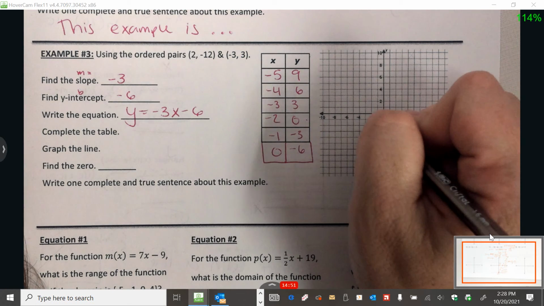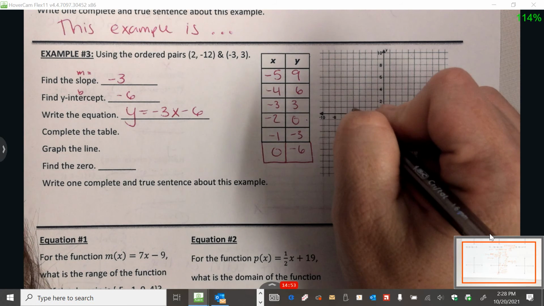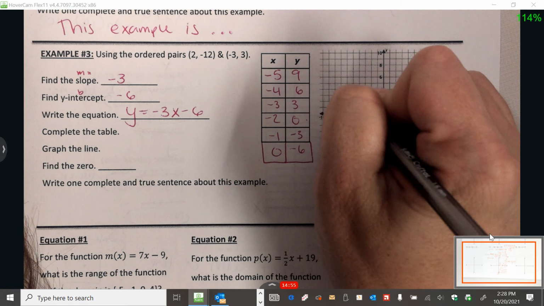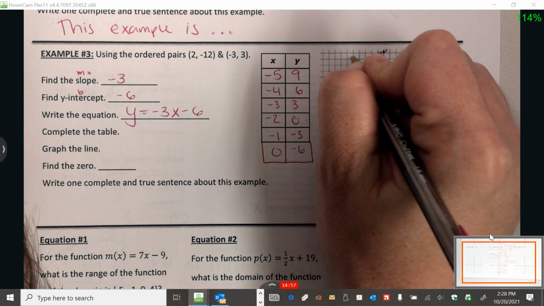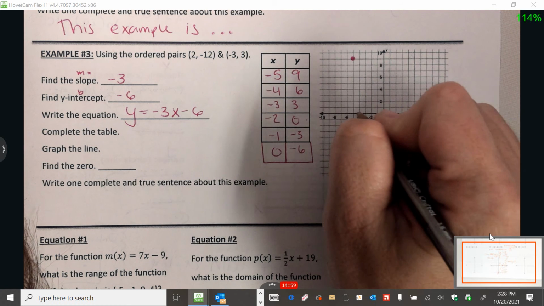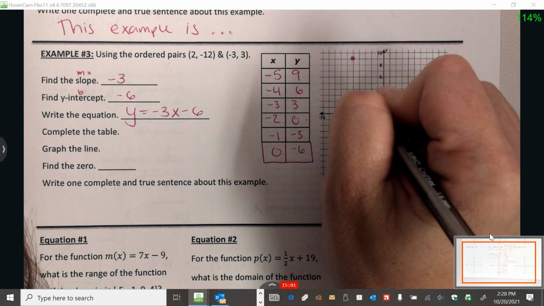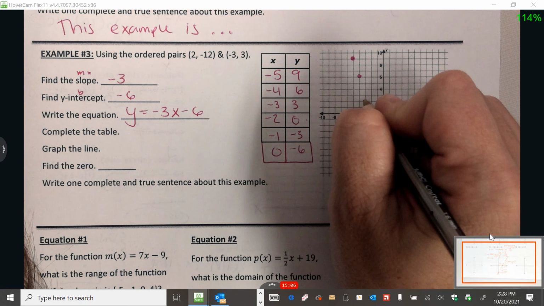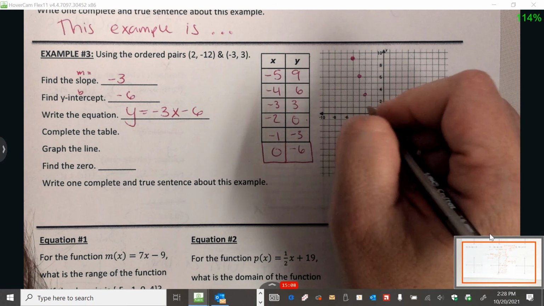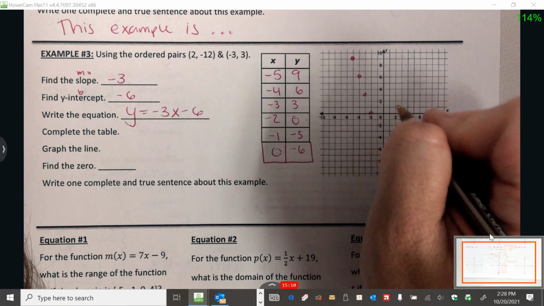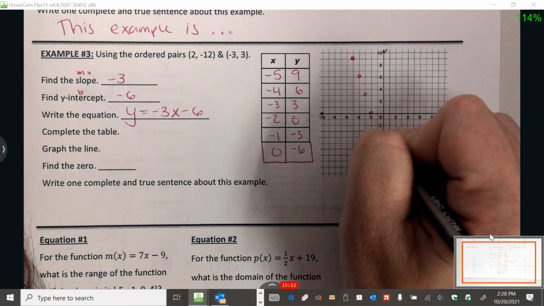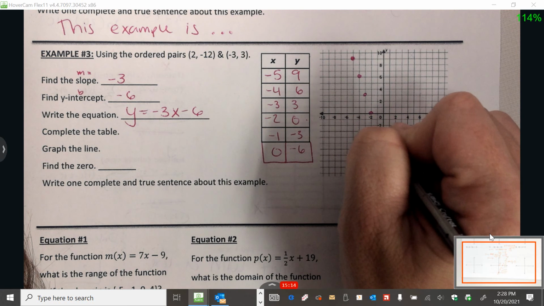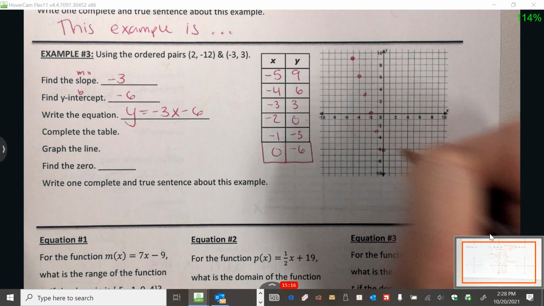So I have negative 5, 9, negative 4, 6, negative 3, 3, negative 2, 0, negative 1, negative 3, 0, 6.